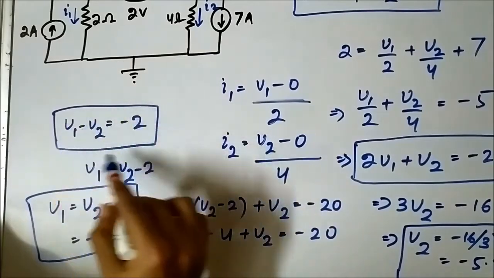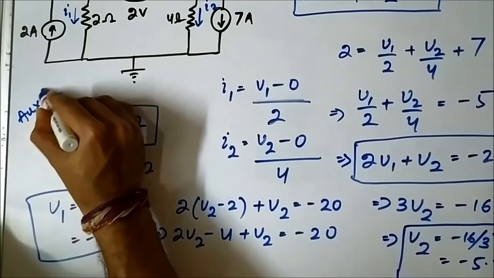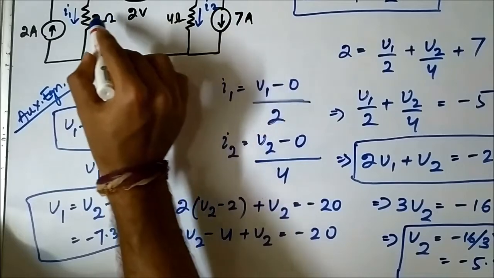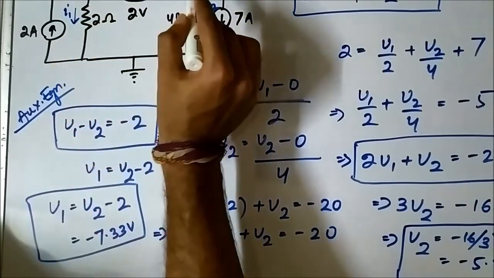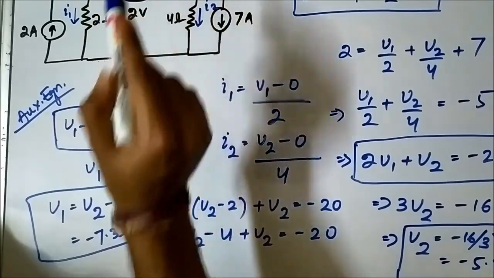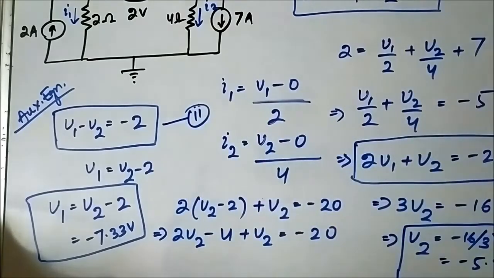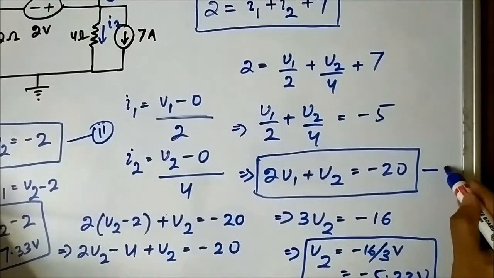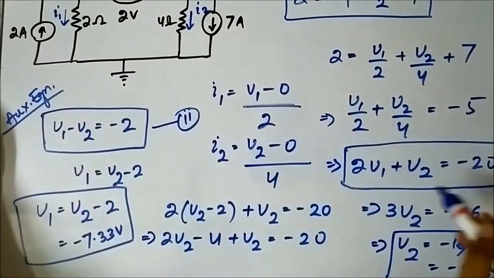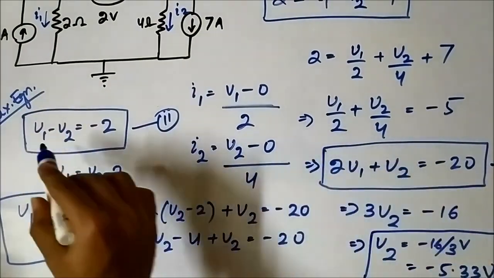If you have any confusion, this is the auxiliary equation which we just derived by putting KVL between node 1 and 2, the supernode equation. V1 minus V2 is equal to minus 2. These are two simultaneous equations of two variables V1 and V2.